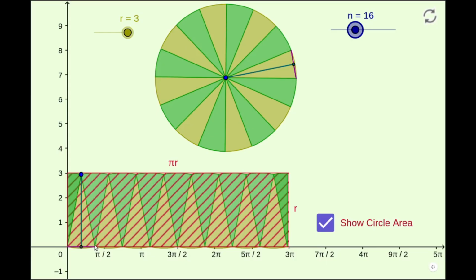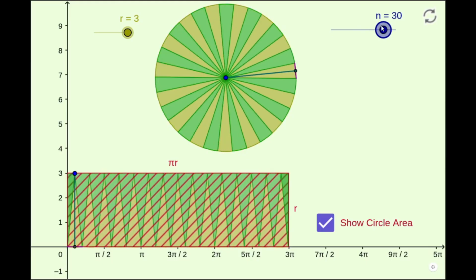So this length of the crust at the bottom is going to be very close to pi r. As I make the number of slices more and more, that wibbly line at the bottom is going to get closer and closer to a straight line. So that's a limiting argument. That's why I say this is a proof sketch and not a proof. We need to make some argument that it behaves well.